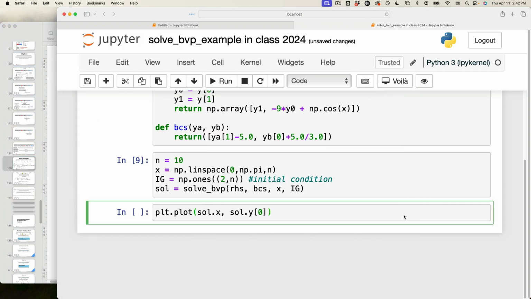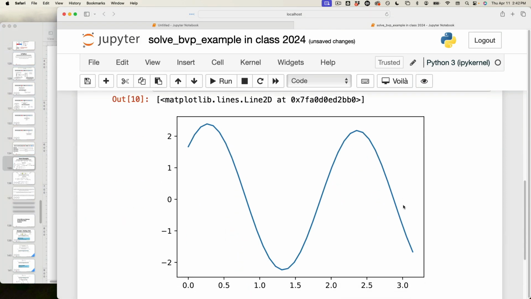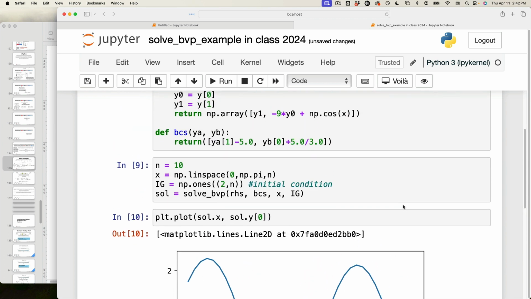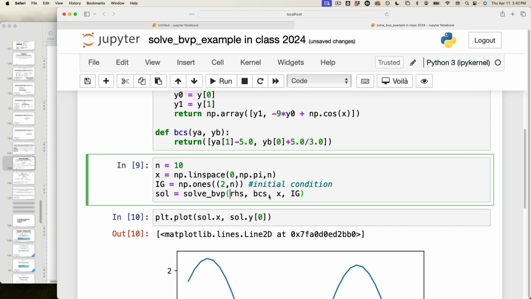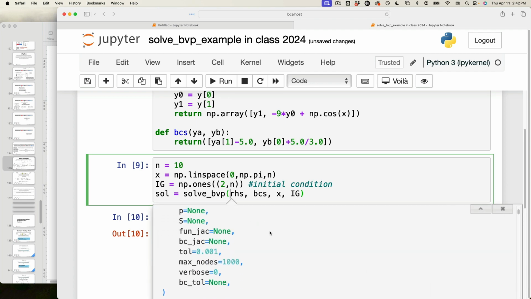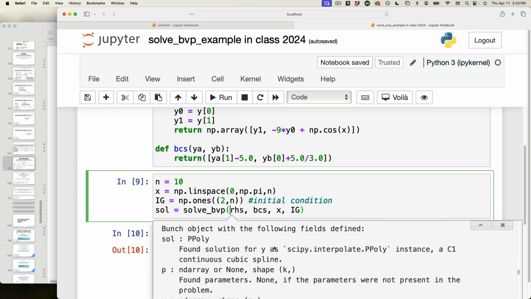So I can just get it from y0, and if you run this, you get this oscillatory system. You can get the analytical solution for this one. It is correct. Yes? Yeah, oh, sorry. Yeah, okay. So sol, I want to show you this. It's a bunch object. So let me scroll to the bottom.